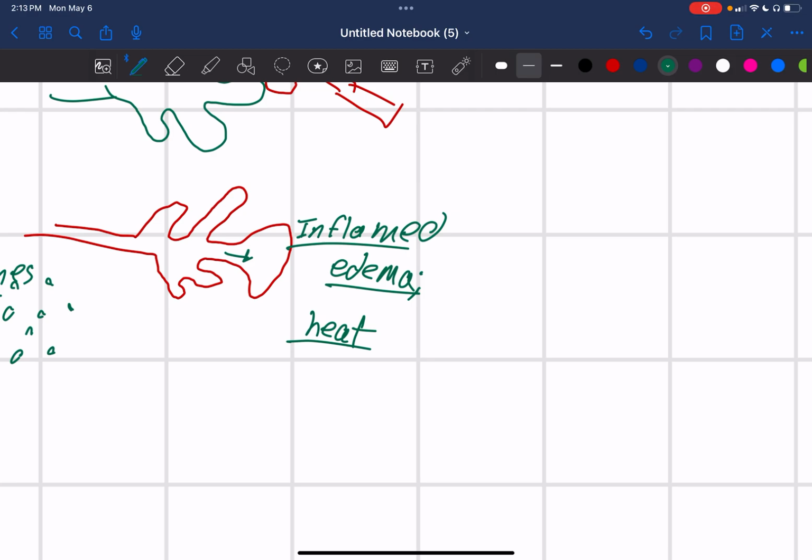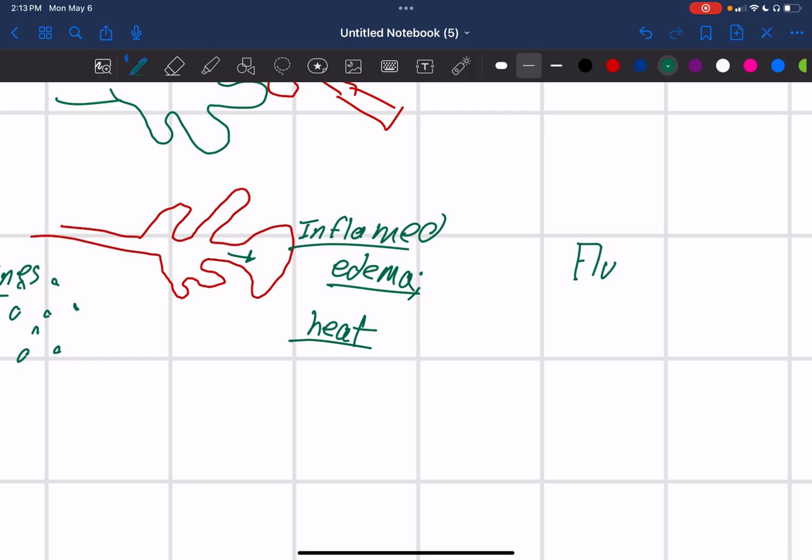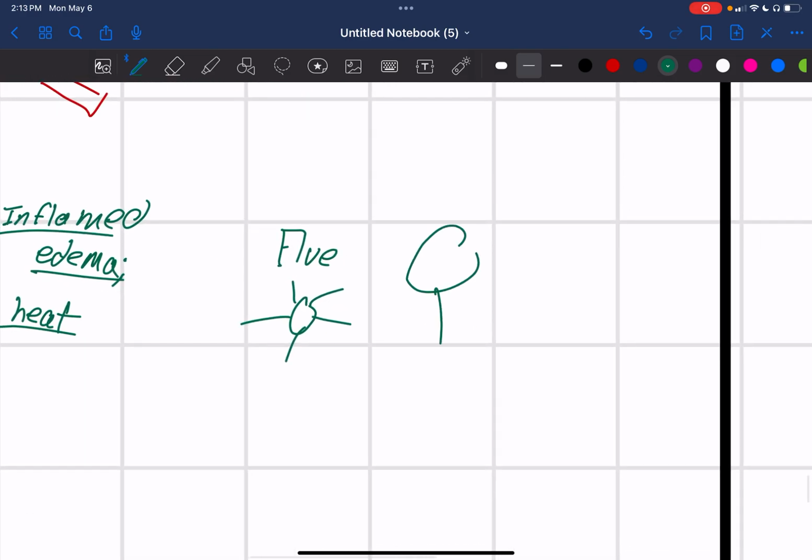So let's say, for example, when one becomes sick, let's say they have the flu, right? Whenever you have the flu, it's this virus, and it goes into your body, and you don't feel well, right?